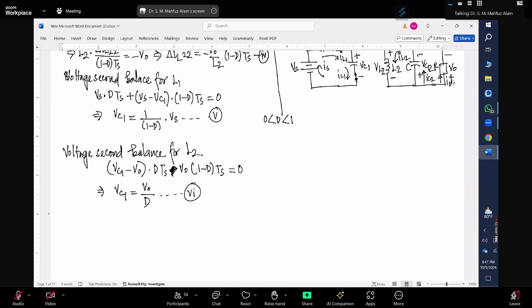As you can see from equation 4, we can say your Vc1 will always be greater than Vs, and from equation 5, we can say Vc1 will also be greater than V0.